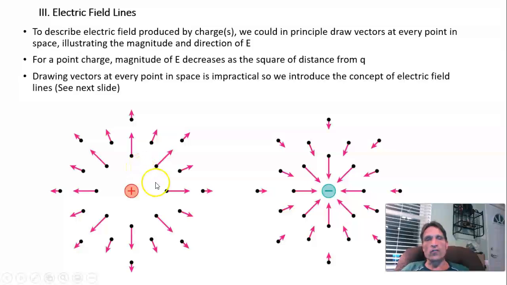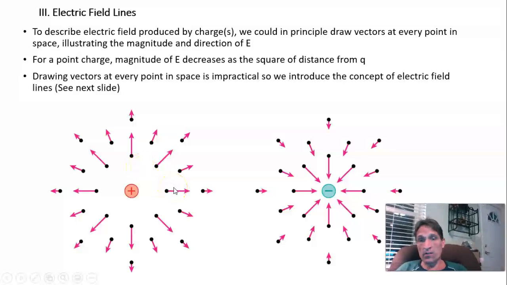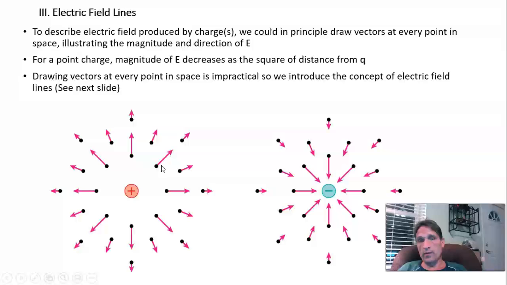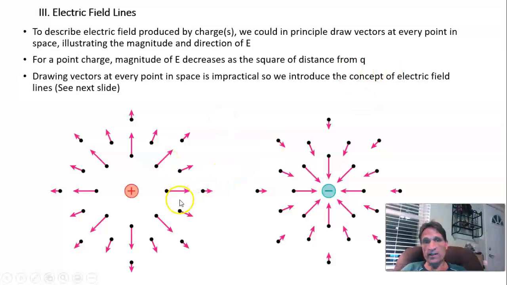So this is one way of obtaining a pictorial description of an electric field: just draw vectors at every point in space. When you start getting into more than one or two source charges, this becomes a pretty impractical method. It's also impractical to draw vectors at every point in space.